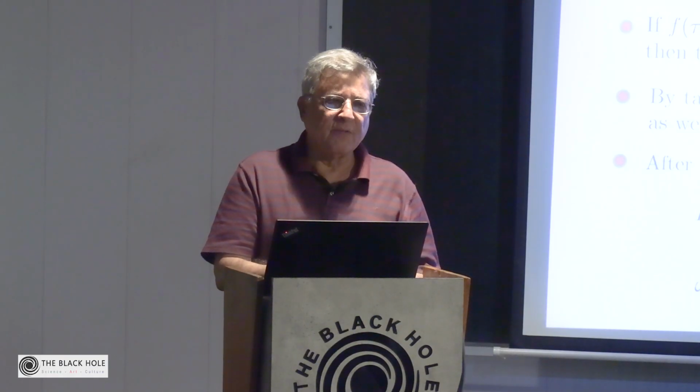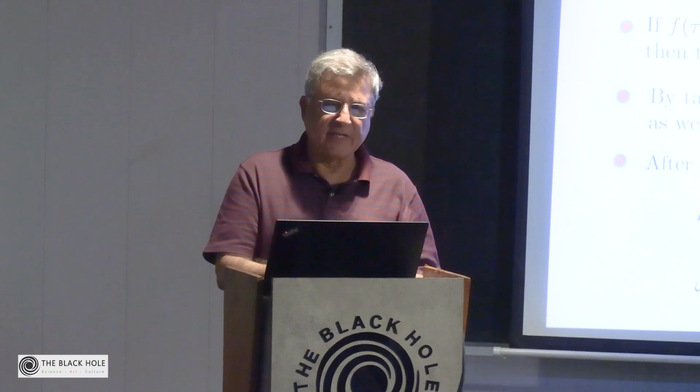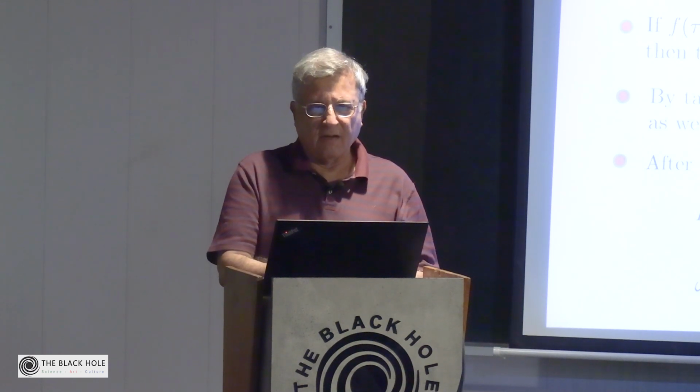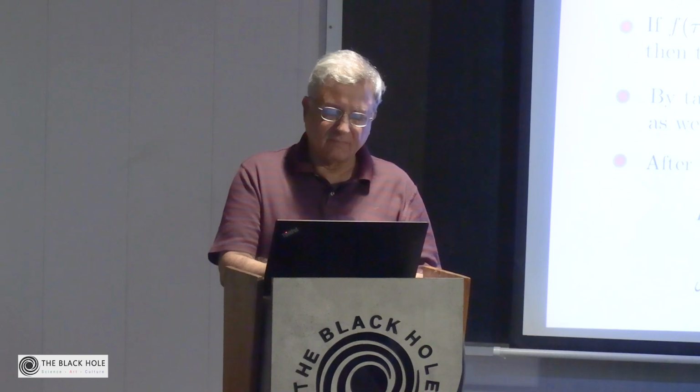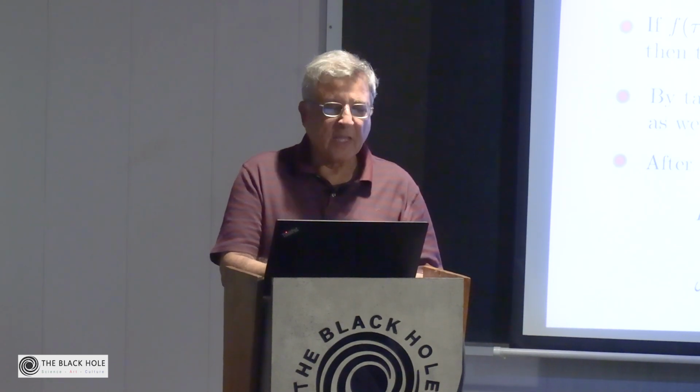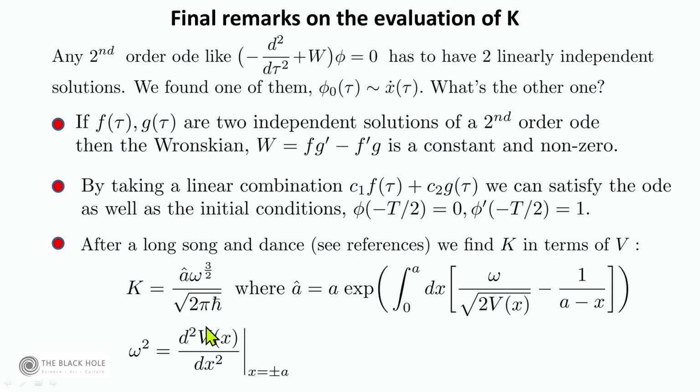After that, it's a little bit of calculation, and it will take you 2 or 3 hours, maybe less, depending on where you're coming from, to find that K is actually extremely simple. This ratio of infinite determinants is omega to the 3/2.